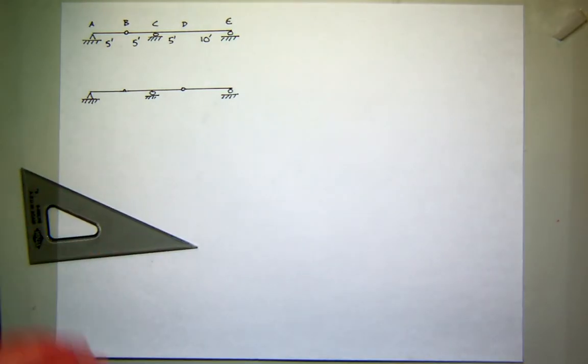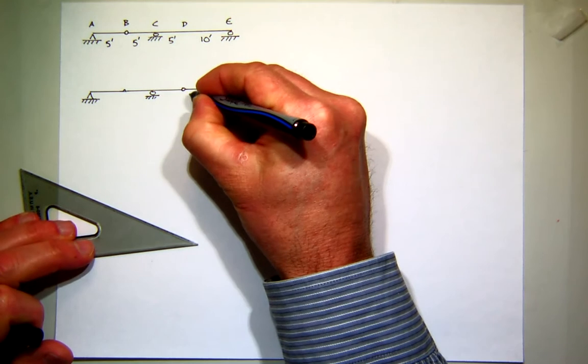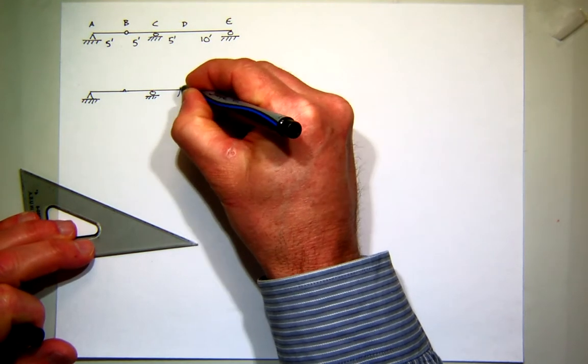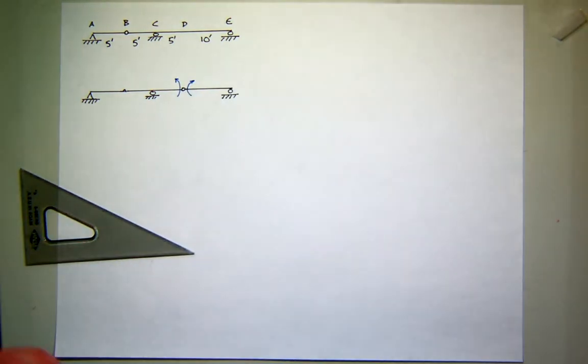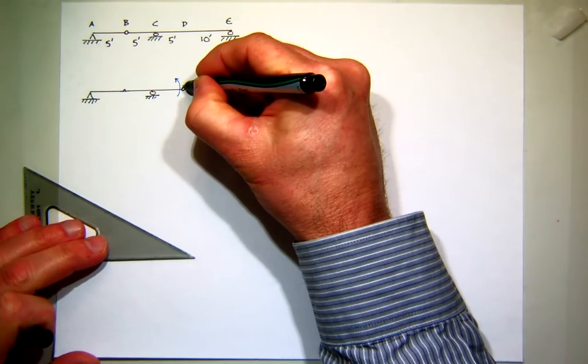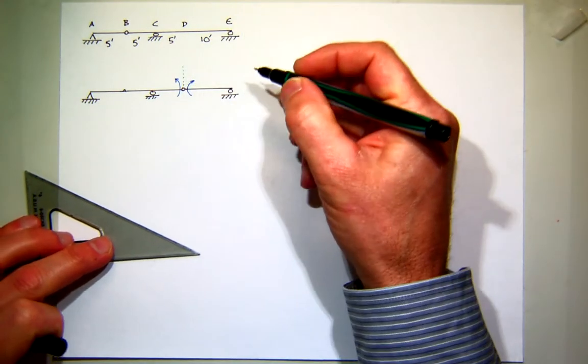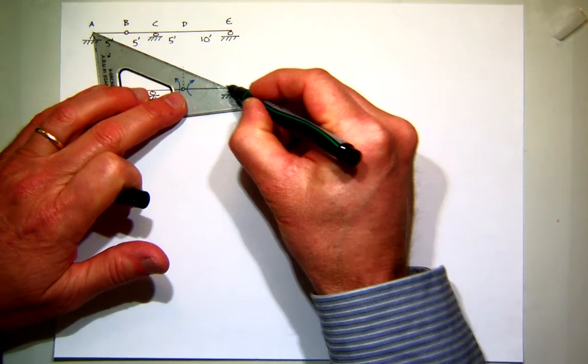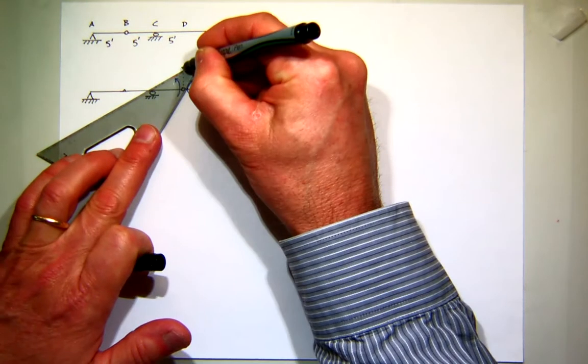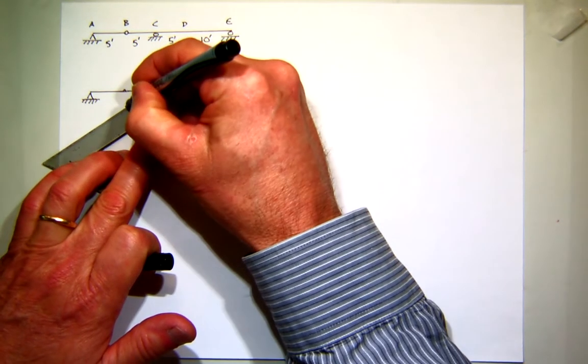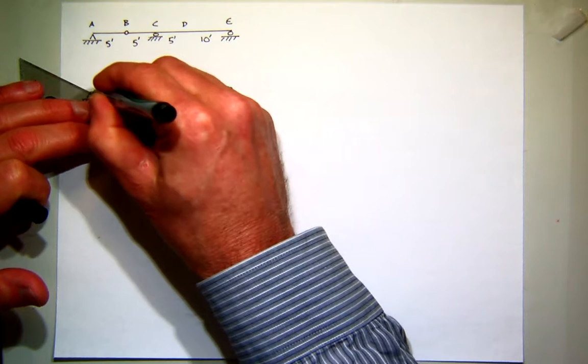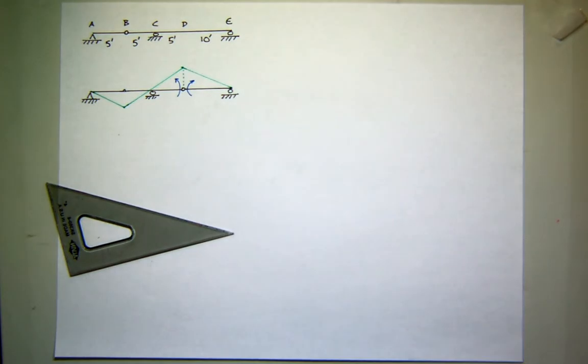In that case, we'll look at our positive moments being applied here. So what's going to happen? This point should move up, and then you should see a structure that looks something like that.